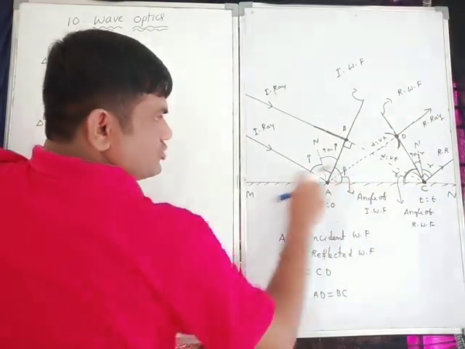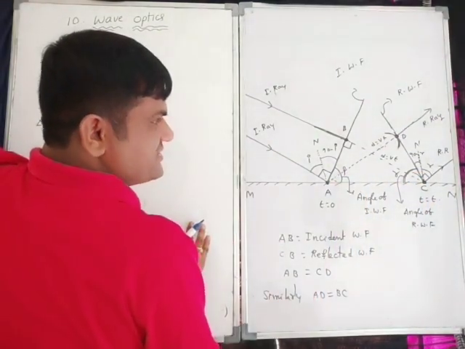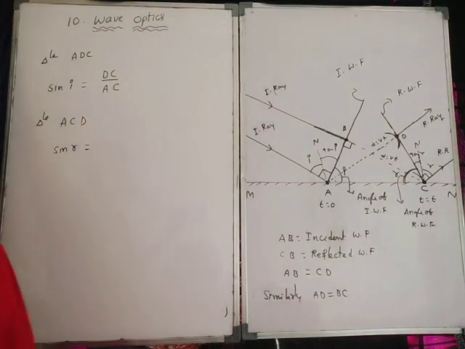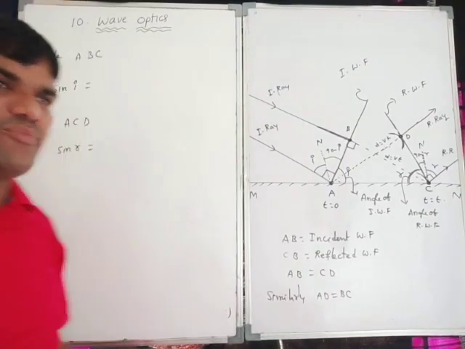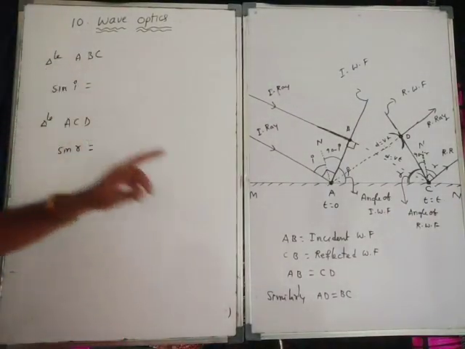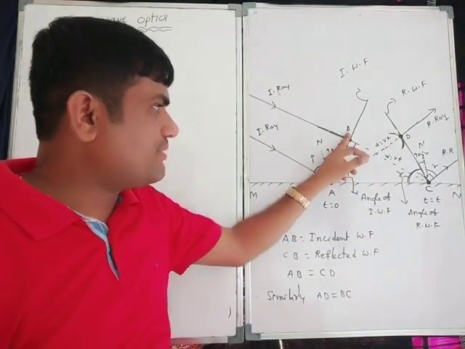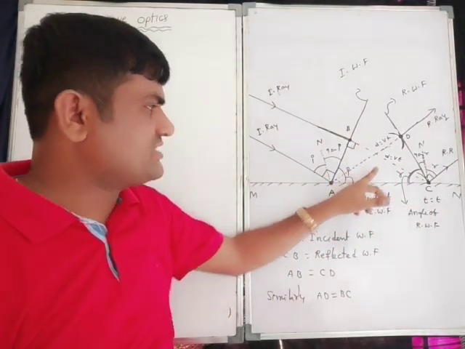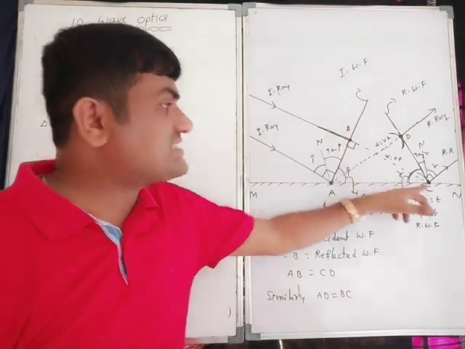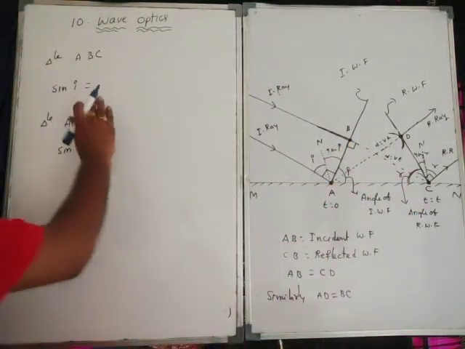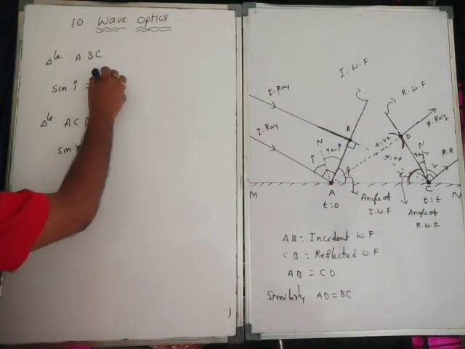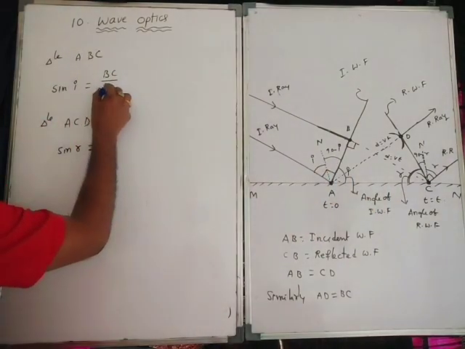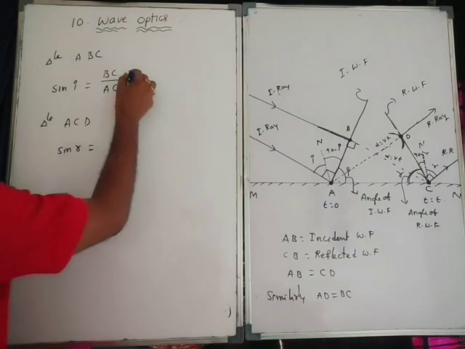You can observe here, triangle ABC. Here sin I is equal to opposite side by hypotenuse. So sin I is equal to BC by AC. BC is equal to how much?